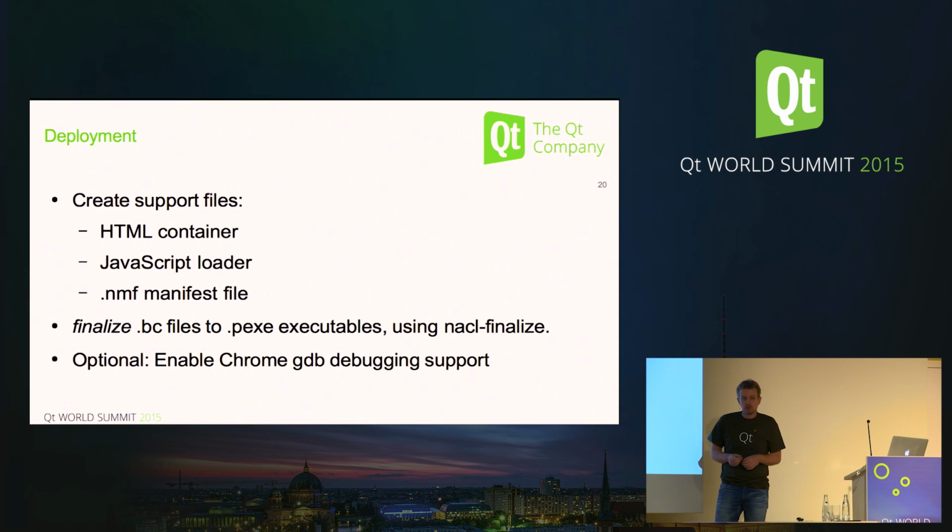While we are deploying, there's also an optional step we can use as developers, and that is to enable Chrome GDB debugging support. So that means we can debug the application in the browser while we are running it.